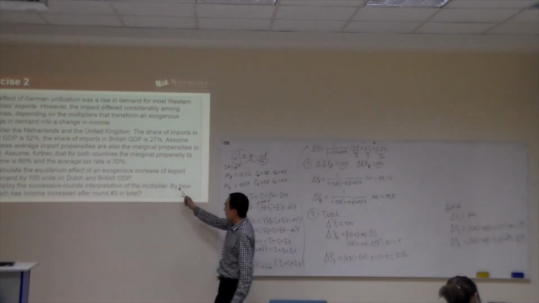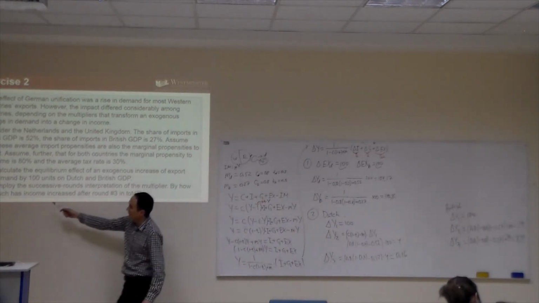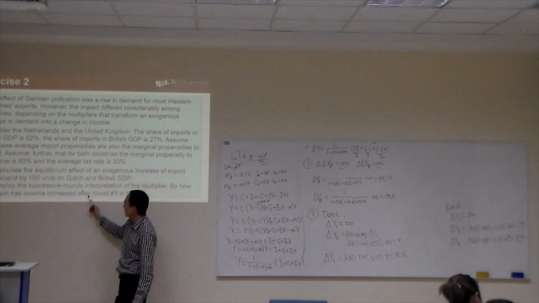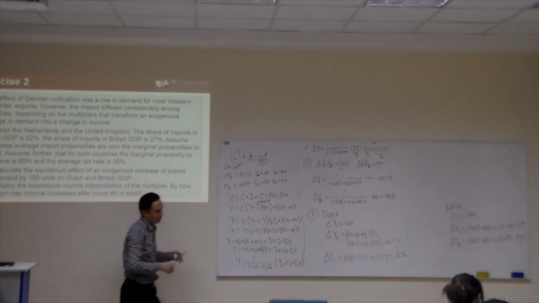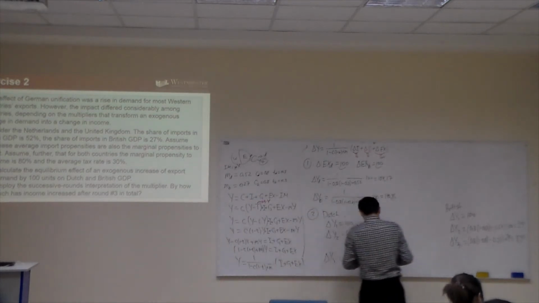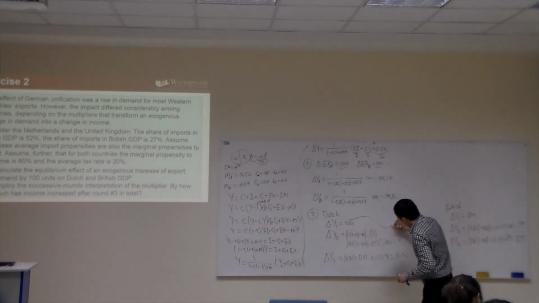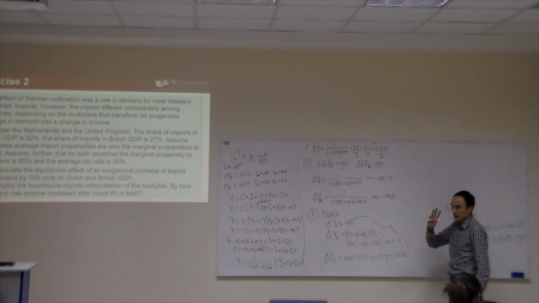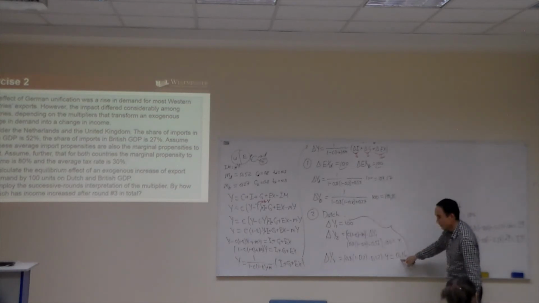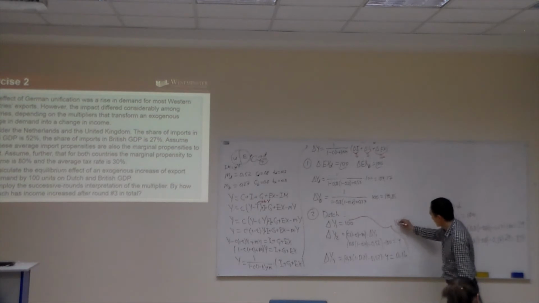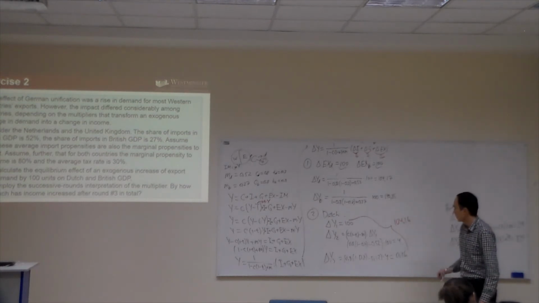The question here is, by how much has income increased after round 3 in total? 104.16 or 104.17? In total, just 3 rounds, yes? So if you add up 100 plus 4 plus 0.16, it is equal to 104.16, right?